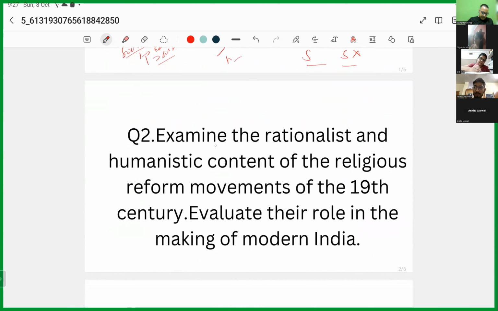Now, examine the rationalist humanistic content of religious reform movements of the 19th century.